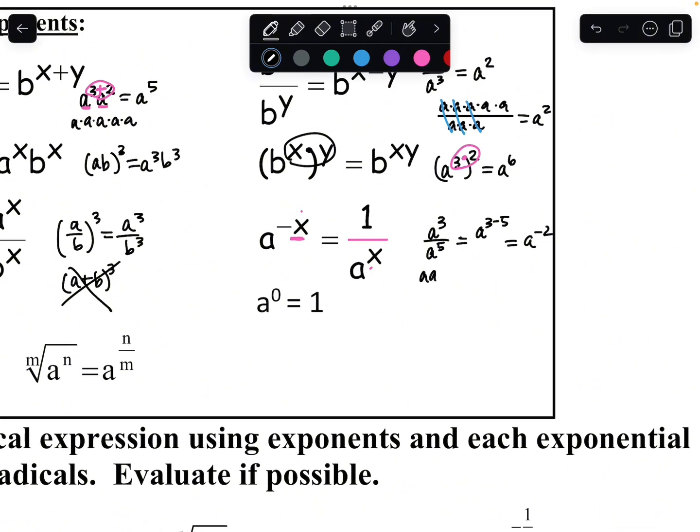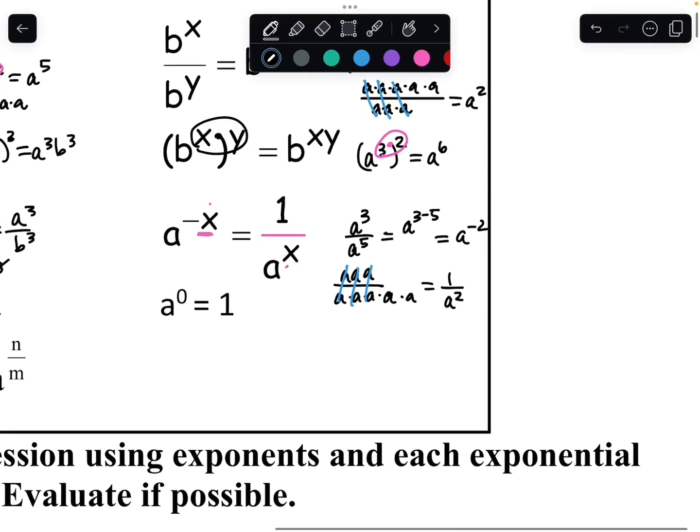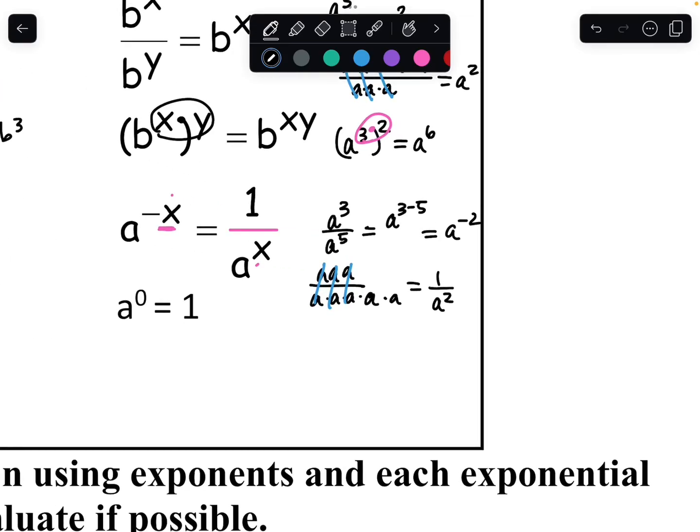And if I expanded it out, like we did in the previous example, you would see that 5 copies are on bottom and 3 copies are on top. And so that leaves us with more copies on bottom. We have 2 copies of a being multiplied on bottom. And so here, if you see a negative exponent, that just means those copies should have been on bottom.